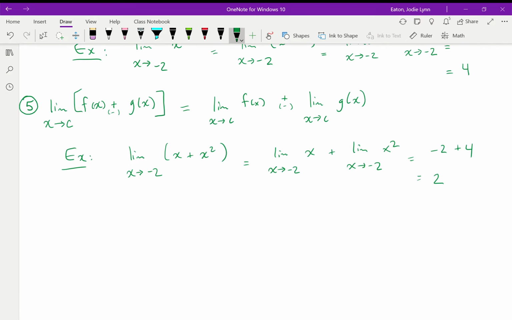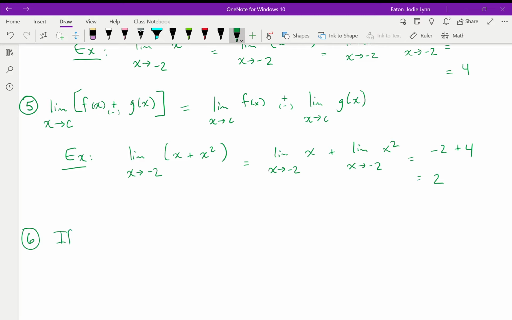Okay. So property number 6. Now with the previous 3 properties, we can extend this idea to all polynomials.